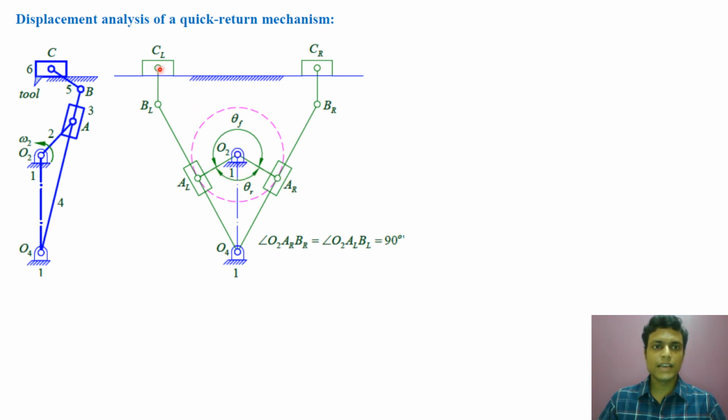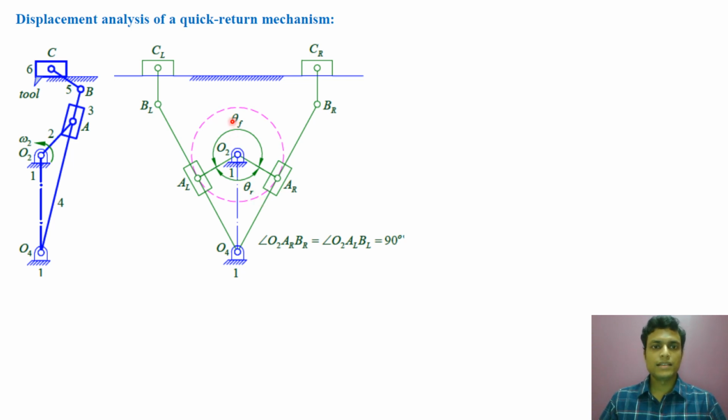In the same time, the corresponding movement of the tool holder, or link number 6, is CL to CR. So this is the return stroke. So the forward stroke is right to left and the return stroke is left to right, and the corresponding movement of the crank is shown here. One is theta f and the return angle is theta r.